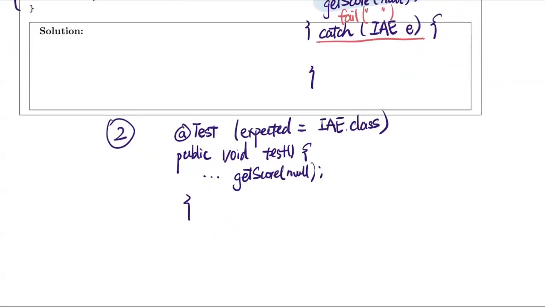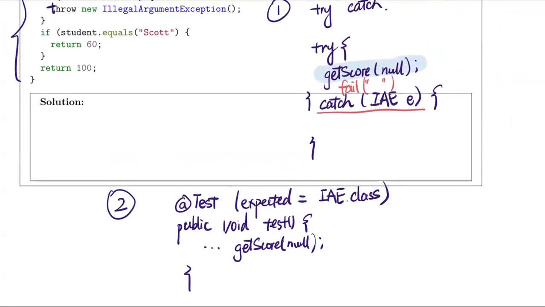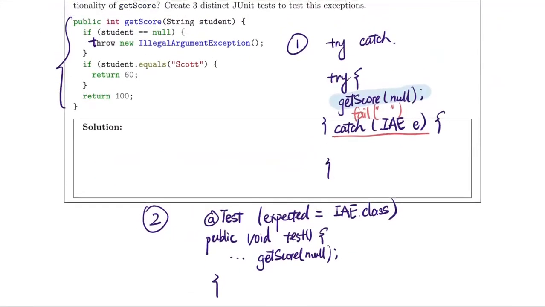So this way it also allows you to test whether getScore with null throws this illegal argument exception. So any questions regarding those two ways to test exceptions?